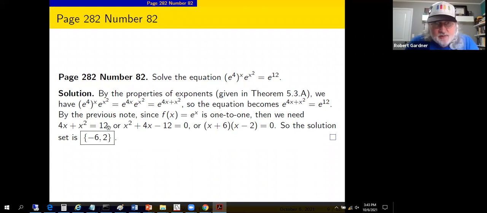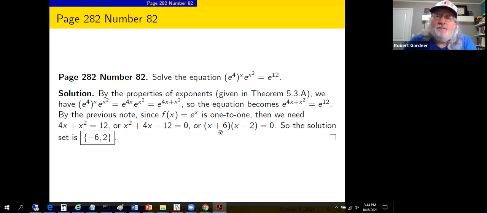Let's take this little equation and manipulate it. Let's write it as x squared plus 4x. Swap the order there, bring the 12 to the other side. It's a negative 12. We get x squared plus 4x minus 12 equals 0. Worst come to worst, we can solve that with the quadratic formula, but it factors. I look for things that multiply to give negative 12 and add to give 4: x plus 6, x minus 2.